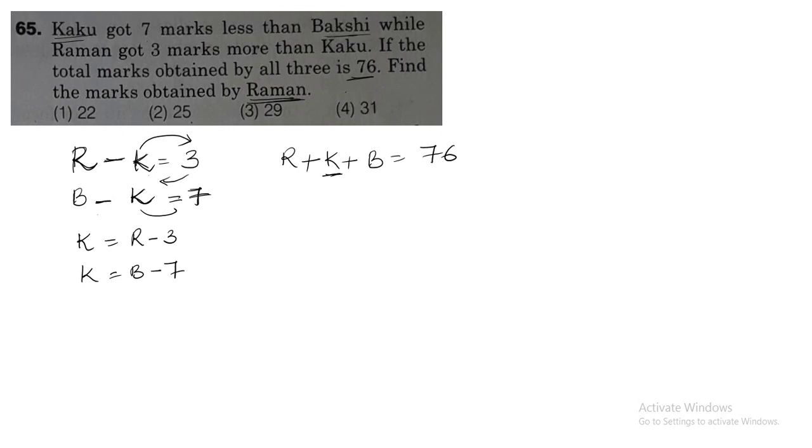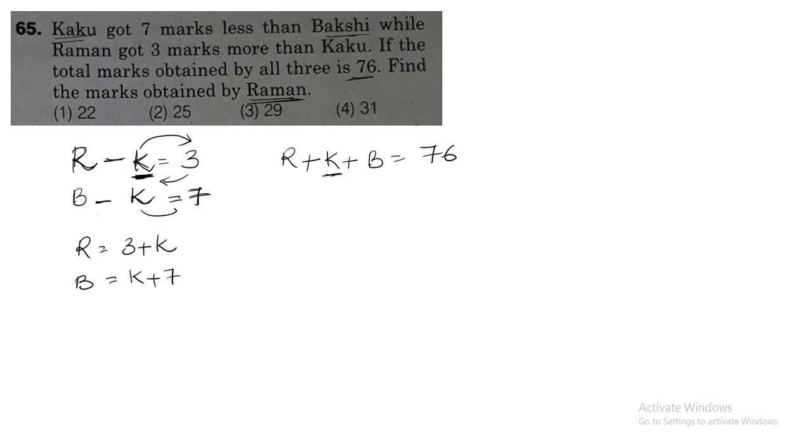For suppose, if I consider Kaku's marks as k, then Raman's marks is 3 plus k and Bakshi's marks is k plus 7, or 7 plus k.